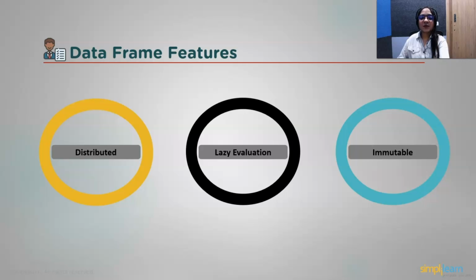Data frames, data sets, and RDDs, that is resilient distributed data sets, are immutable storage. The word immutability means inability to change. When used in reference to an object, it signifies that its state cannot be changed once it is formed. Compared to Python, these data frames are immutable and provide less flexibility when manipulating rows and columns.